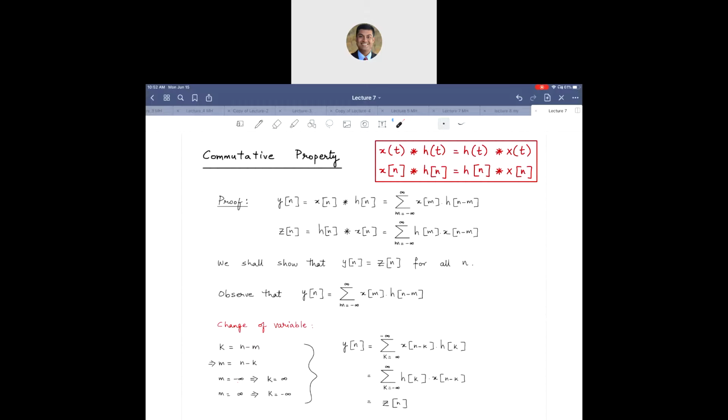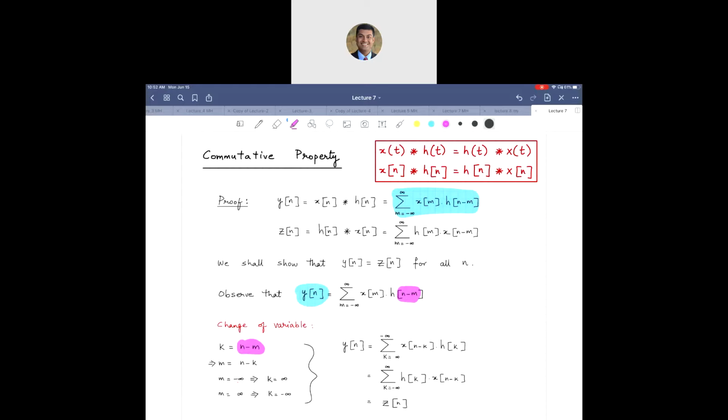Now observe that y of n right here is represented as a convolution sum. Now what we are going to do is apply a change of variable. The change of variable is applied so that n minus m can be represented using another variable k.